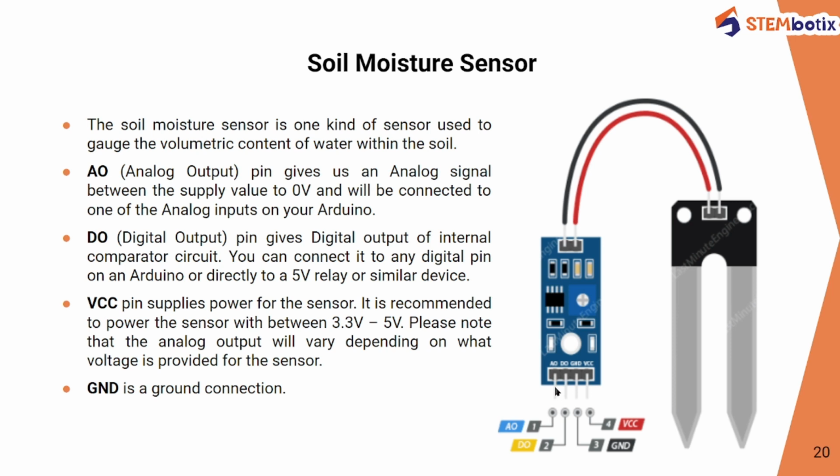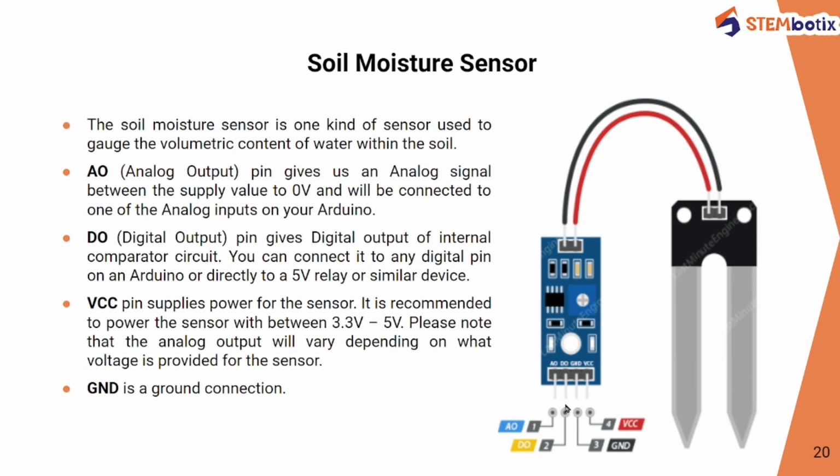This pin gives us an analog signal between the supply value and 0 volts, and will be connected to one of the analog inputs on your Arduino board. The Arduino has six different analog pins, and you can connect this A0 pin to any of them.